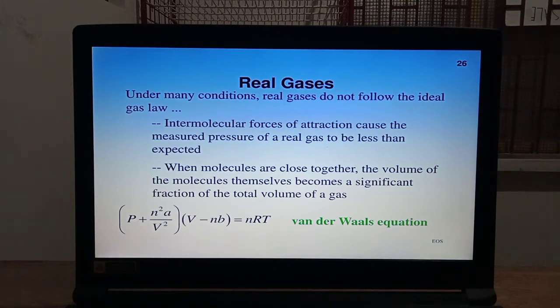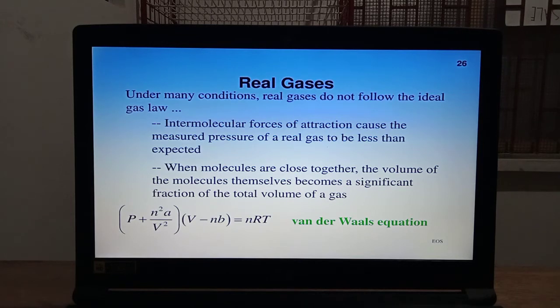And when molecules are close together or compressed, the volume of the molecules themselves becomes a significant fraction of the total volume of the gas.